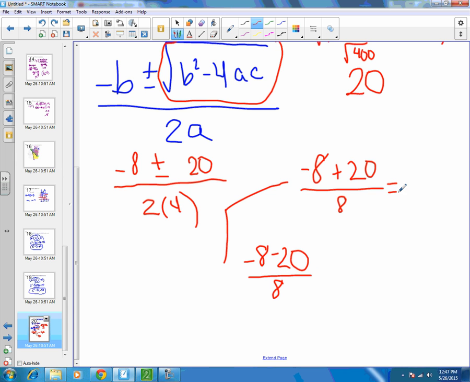Solve the top part first. Negative 8 plus 20 is negative 12. Or I'm sorry, positive 12. Divided by 8, which is 1.5.